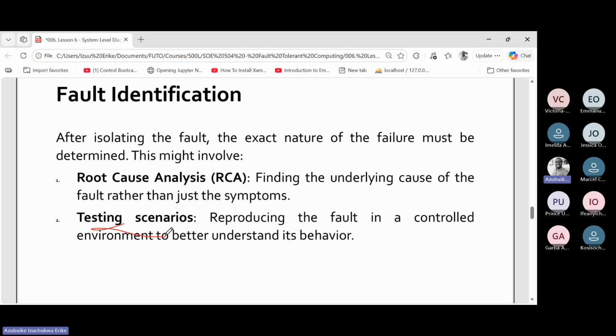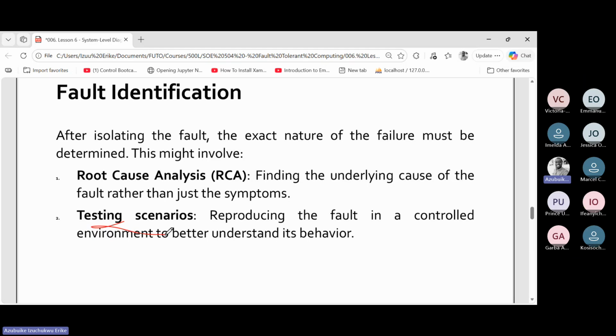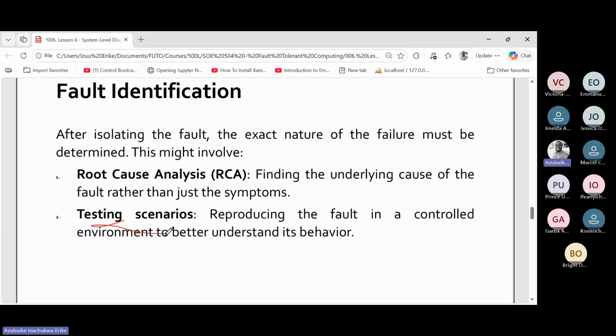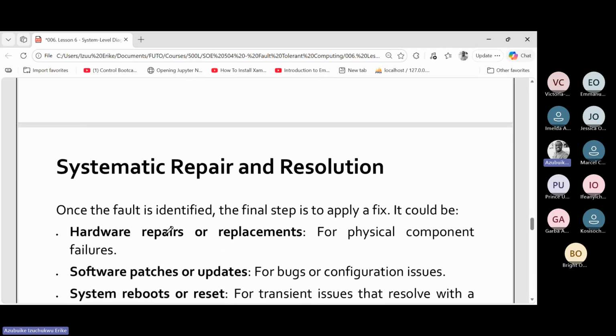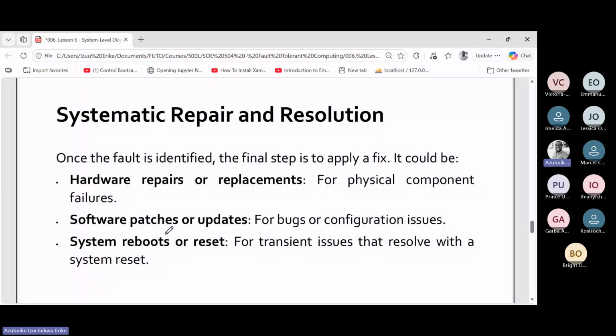So when you've gotten that understanding that this is actually the cause of the failure of that component, the next thing now is to repair. Now, the systematic repair and resolution is what we're looking at here. Once the fault is identified, the final step is to apply a fix. And this could be hardware repairs or replacement when it has to do with physical components.